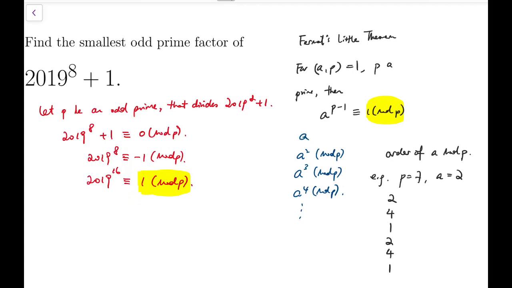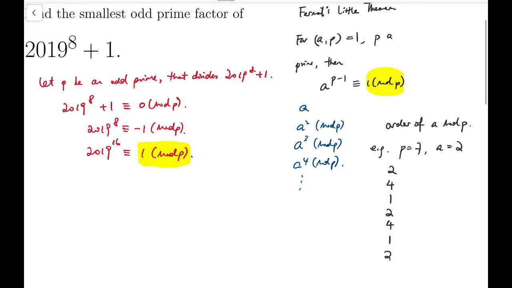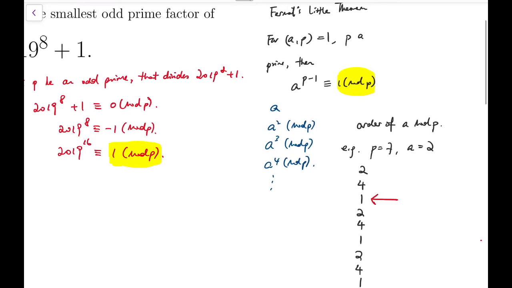After p minus 1 terms, in other words 6 terms, this sequence repeats itself, because after the 1, the next term would again be 2, 4, 1, and so on, because 1 multiplied by a is just a, and the whole thing starts all over again. But we have actually achieved this much earlier, after the 3rd term. So the order of 2 mod 7 in this case is actually 3.